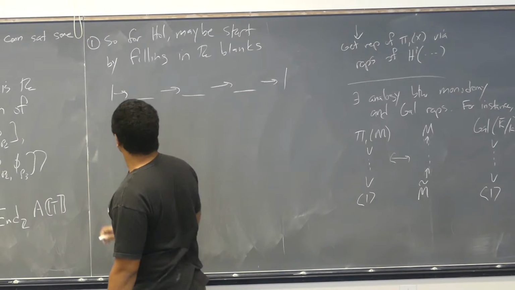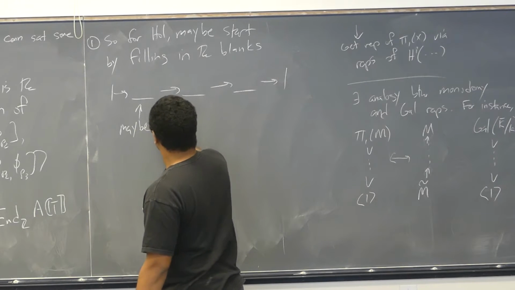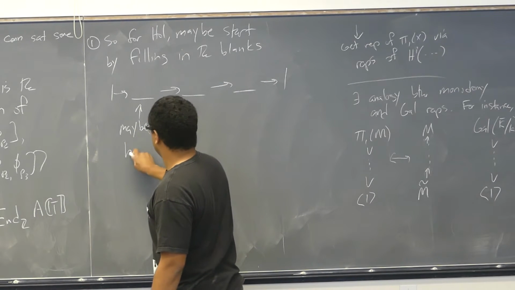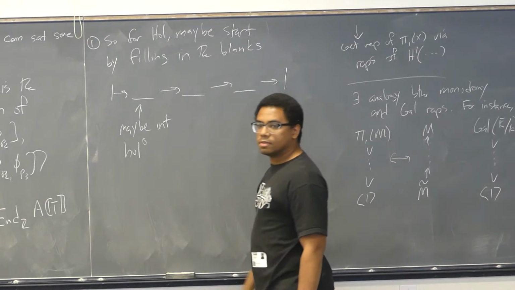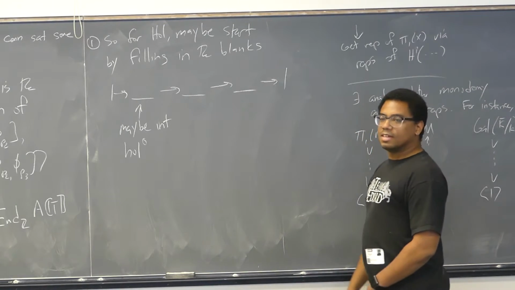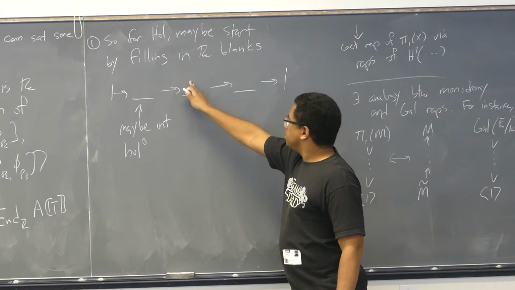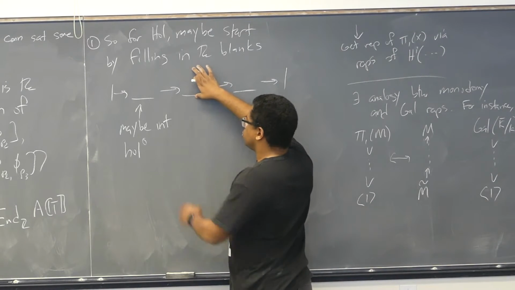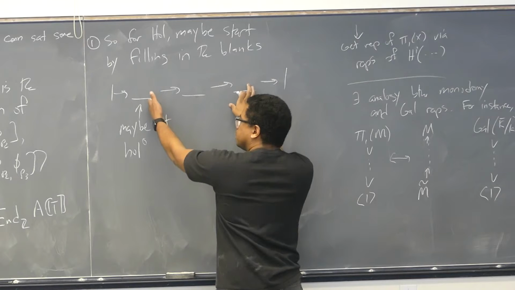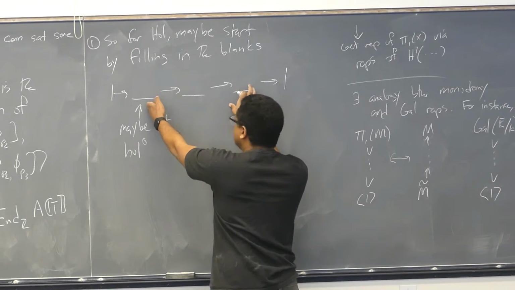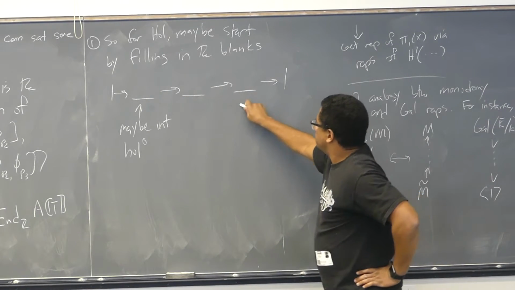So here, I'm going to put 1 here. I'll just say maybe integrate all 0. Will it work? I don't know. If it does, then what goes here and here? This deserves to be some kind of group that relates the two things here, this being the restricted holonomy, and this being the monodromy.